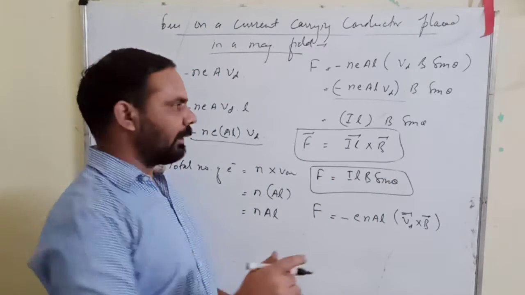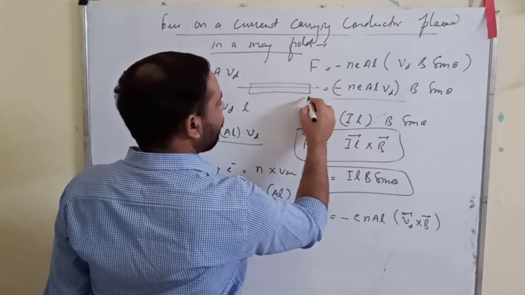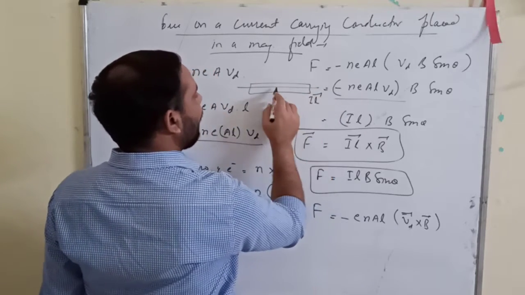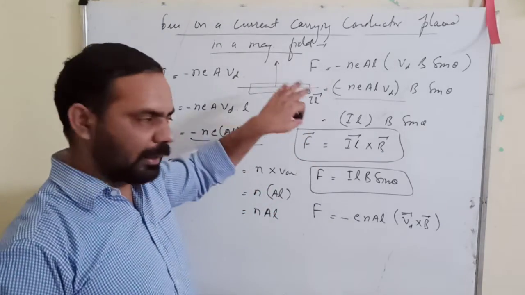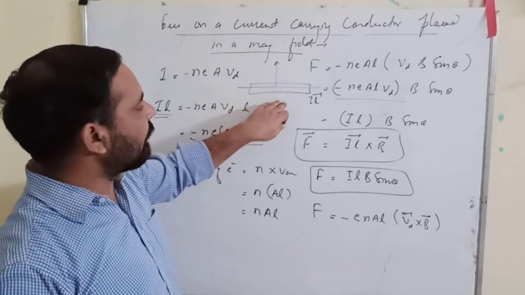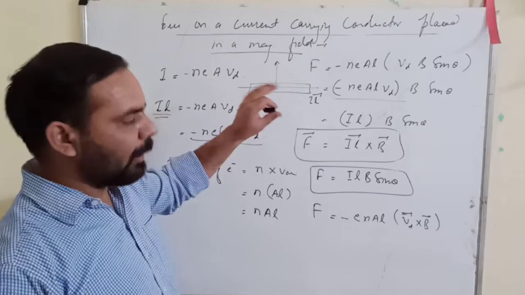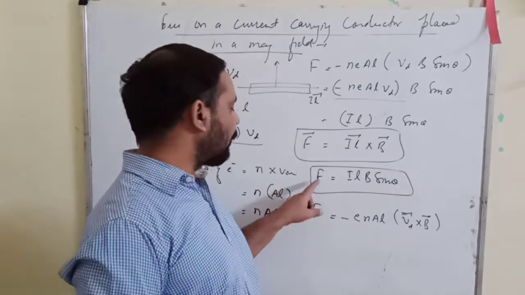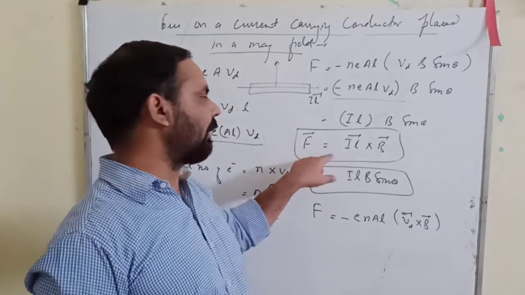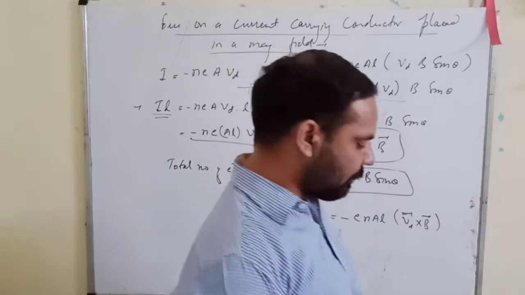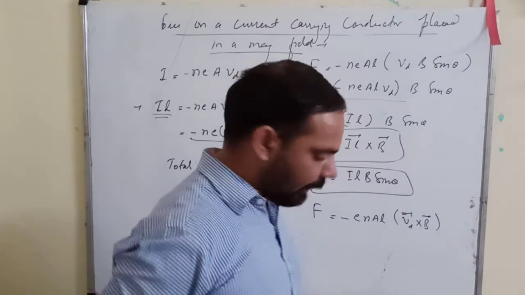In the previous case we just discussed, IL was in this direction and B was perpendicular, so the angle between IL vector and B vector was 90 degrees. But it can be any angle. So the magnitude of the force is ILB sin theta, and the vector form is IL vector cross B vector. This is the force experienced by the current carrying conductor.